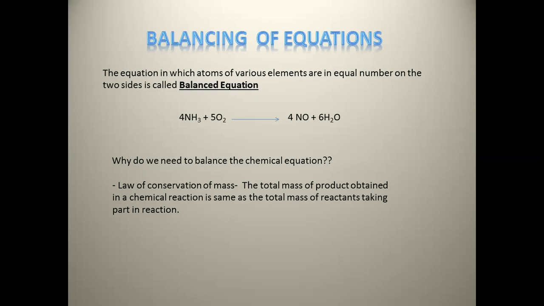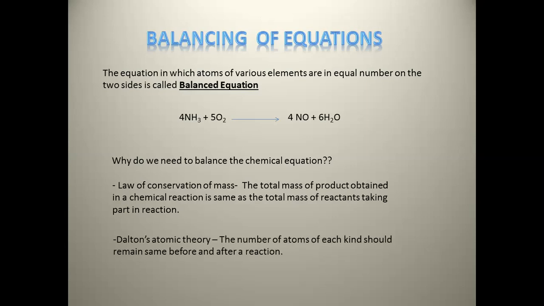It means the number of atoms taking part on the reactant side must be equal to the product side. And secondly, according to Dalton's atomic theory, the number of atoms of each kind should remain the same before and after a reaction. That's why we need to balance a chemical equation, to satisfy both these points.